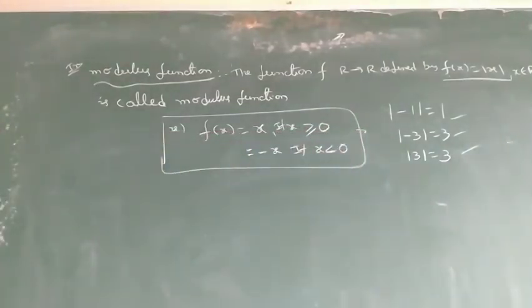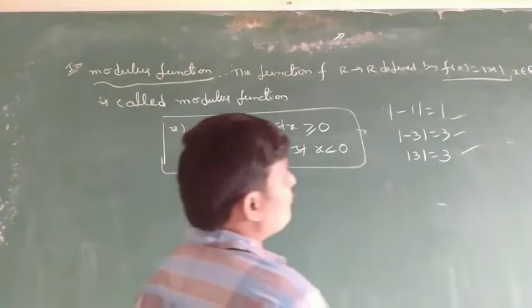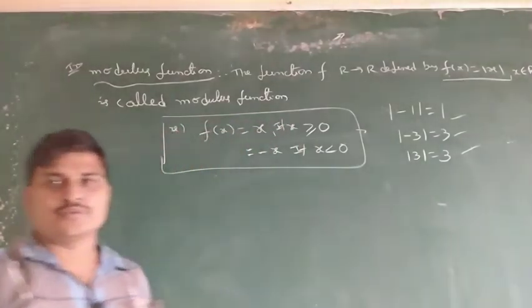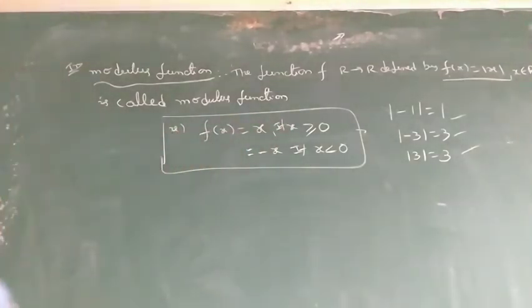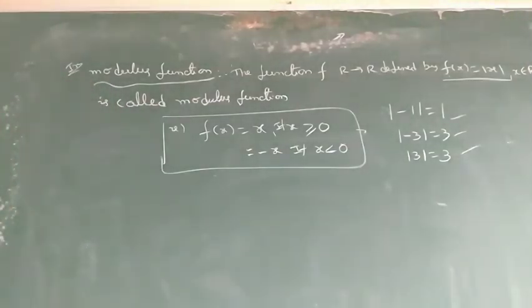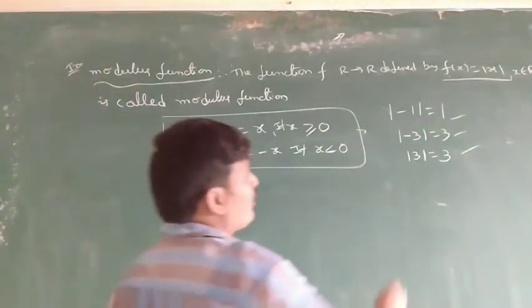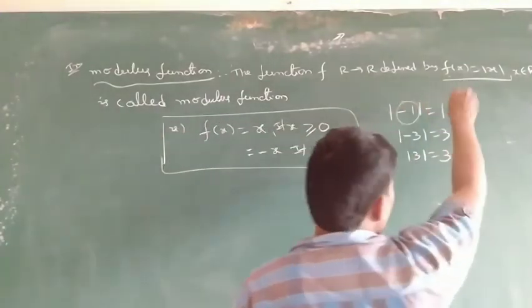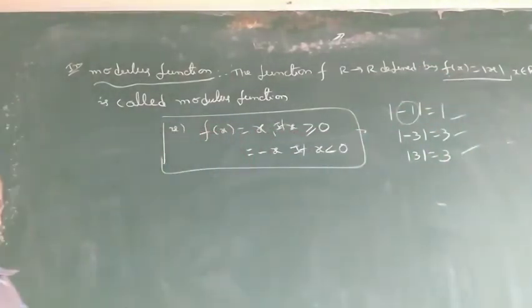What is the meaning of mod x? Mod of a negative value is equal to positive. Mod of a positive is equal to positive. Negative or positive, the x value is different, but the mod x value is the same. All are positive. This is the modulus function.